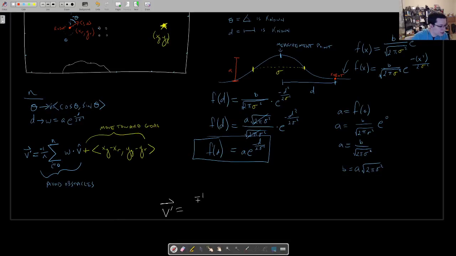So this vector equals negative 1 over n times the sum over all i equal to 0 to n, and this will be a times e to the negative d_n over 2 sigma squared, times cosine theta n, sine theta n.